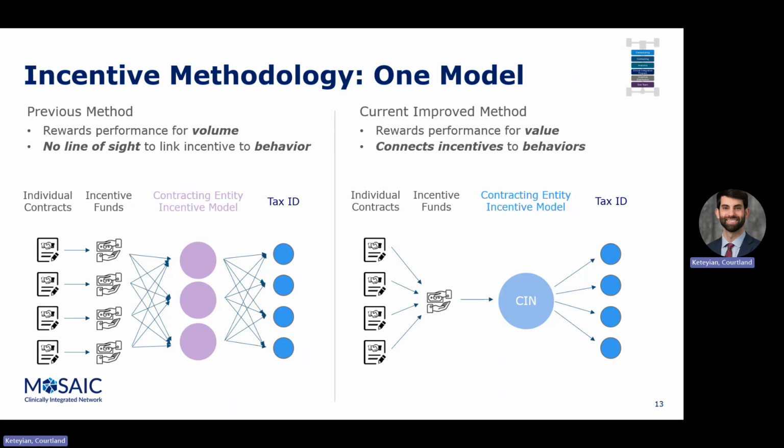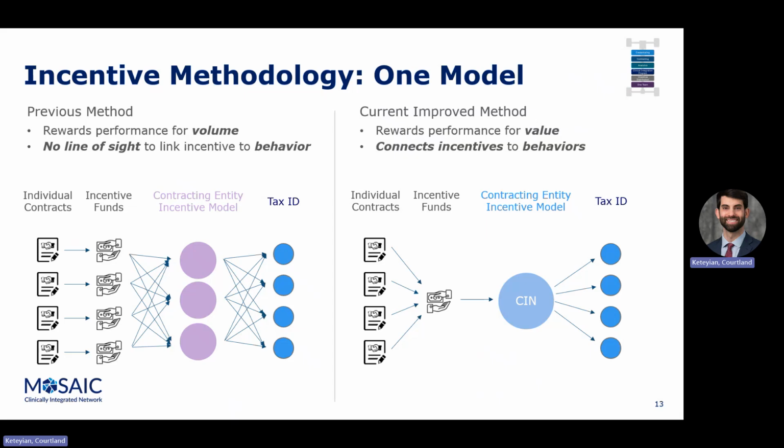Now, these distributions happen at the tax ID level. That's really important to understand. So for a small practice with one or two physicians, that distribution is happening in a very direct way. And then for a large group, like the Henford Medical Group, the distribution happens at the TIN level. And then it's incumbent upon the medical group to determine what incentivizes the kind of behaviors we need to be successful in the contracts.